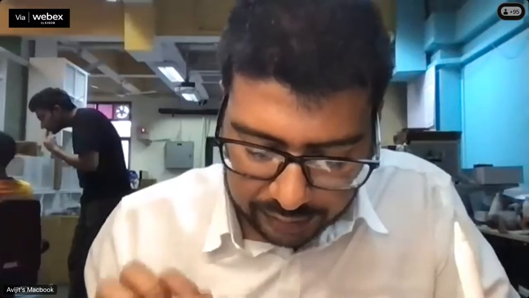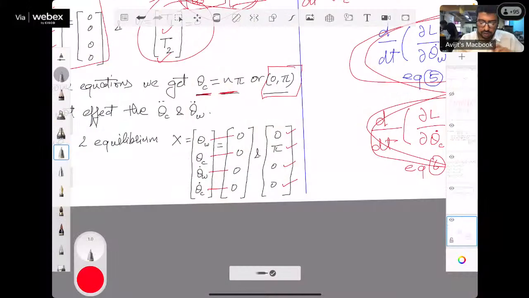So we have just calculated two equilibriums. One of them is stable, one of them is unstable. So this one is the unstable equilibrium, and this one is the stable equilibrium.